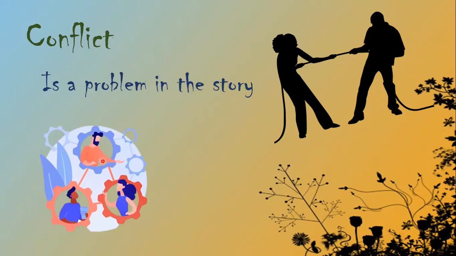So any type of conflict can be taken, and conflict can be internal as well, like some character is having a great fear of something, or some character is lacking confidence, or some character has some aim to achieve but is unable. That can be an internal conflict presented by you.